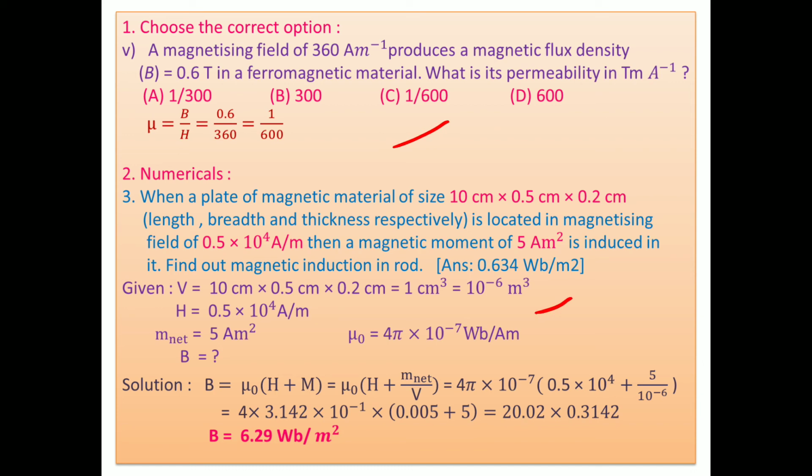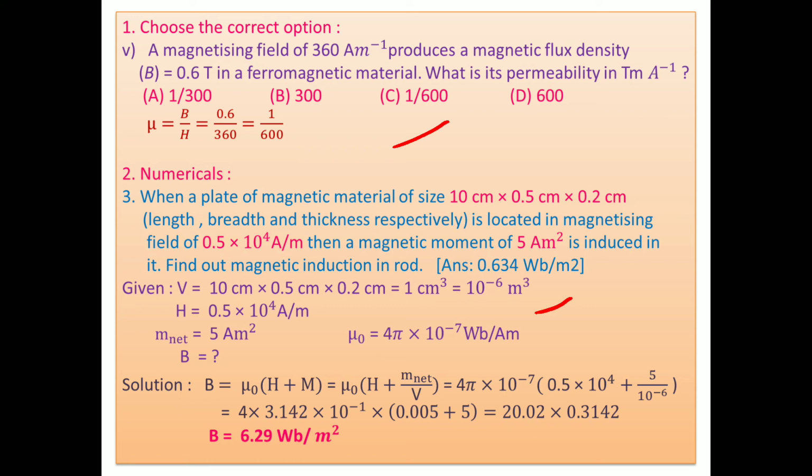Thereafter H is given. The magnetizing field H equals 0.5 into 10 raised to 4. And the net magnetic dipole moment 5 ampere meter square is given. And mu 0 is always given, the permeability of free space, 4 pi into 10 raised to minus 7 Weber per ampere meter. Then B we have to calculate.